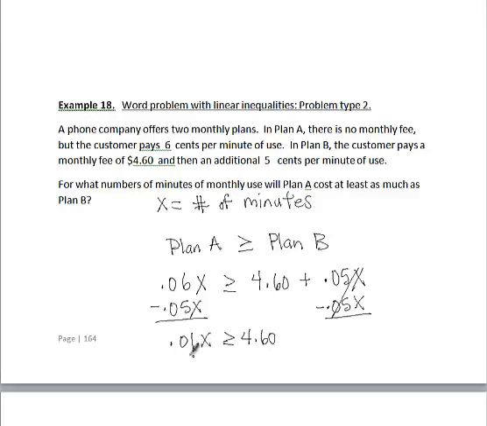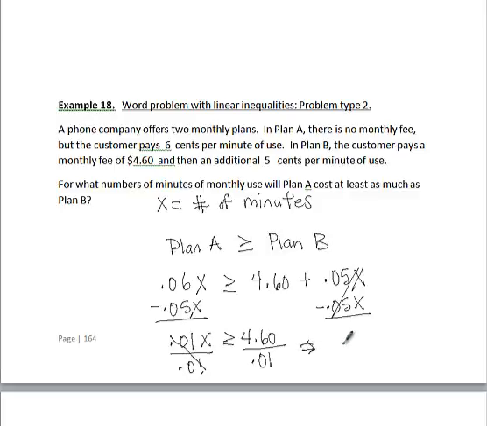0.06 minus 0.05. That leads us to divide by 0.01 on both sides, and this is the equivalent of multiplying by 100.